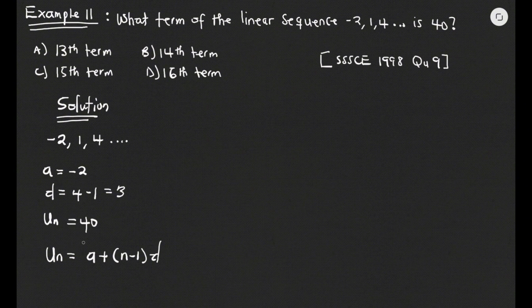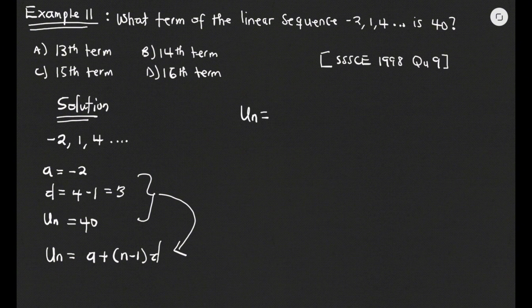And the term that we are trying to find the position of is Un, which is equal to 40. So substituting these into the equation, I am going to get something like this.